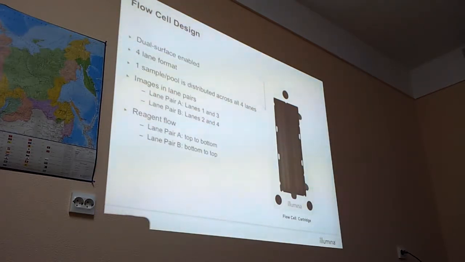It has 2 pairs of lanes. We call it pair A, which is lanes 1 and 3, and pair B, which is lanes 2 and 4. The reason we do this is because lanes 1 and 3 are filled and also imaged from top to bottom, in this direction, and at the same time lanes 2 and 4 are filled from bottom to top, the other way.